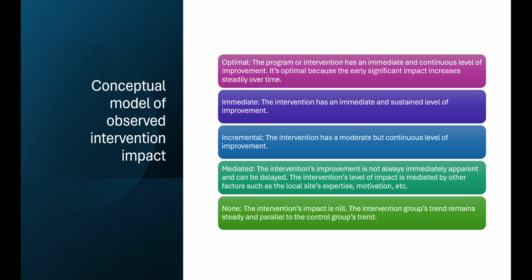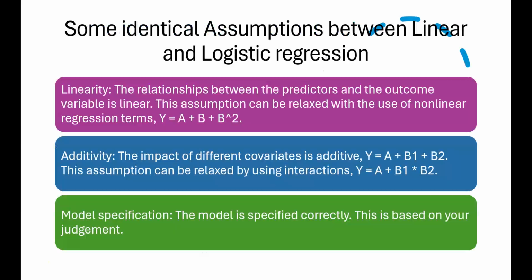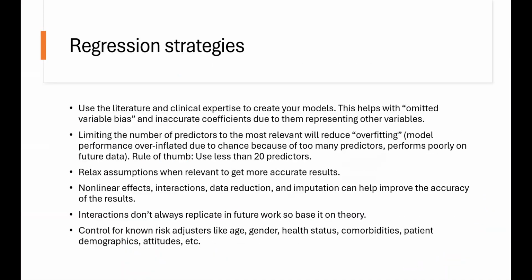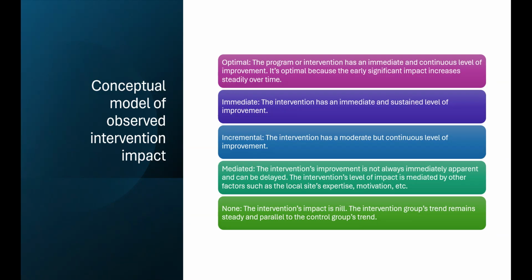Okay, so now we're going to look at our conceptual model of observed intervention impact. So I looked at data earlier where we showed that one graph where the 2 values interacted. Here's one of them, and I have another one to show later. Sometimes we might see results happen right away.